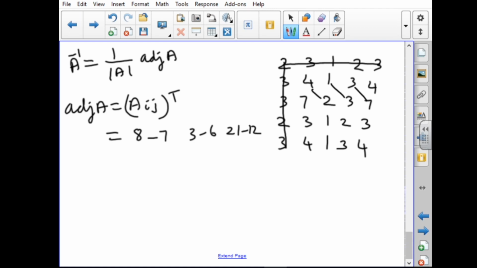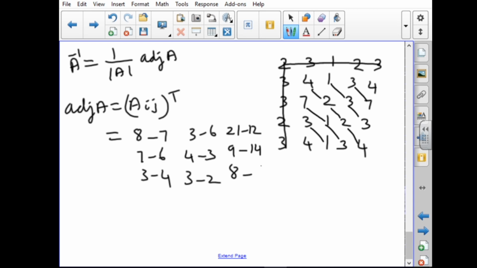The next one 7 minus 6. 4 minus 3. 9 minus 14. Then 3 minus 4. 3 minus 2. 8 minus 9.